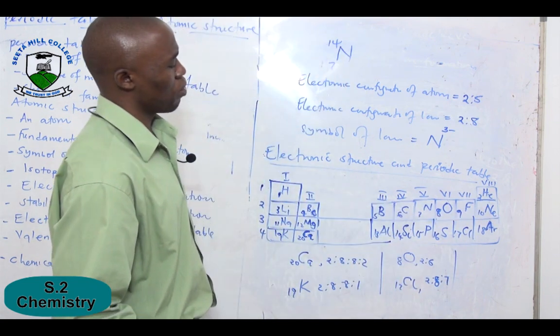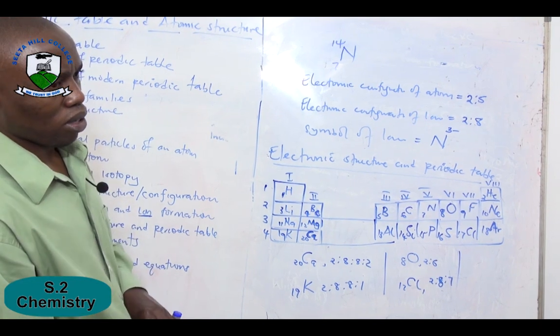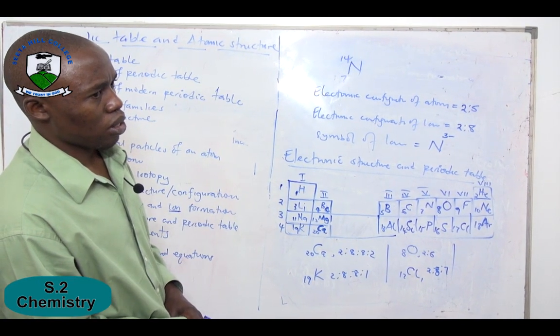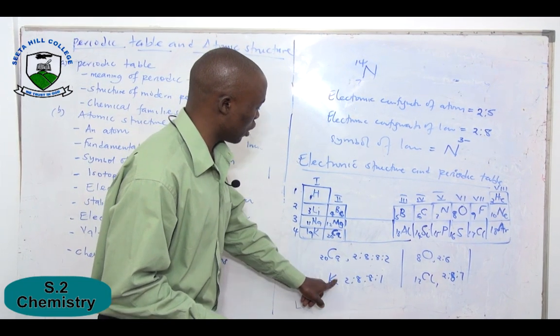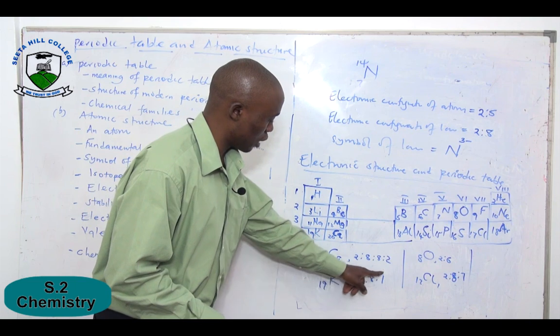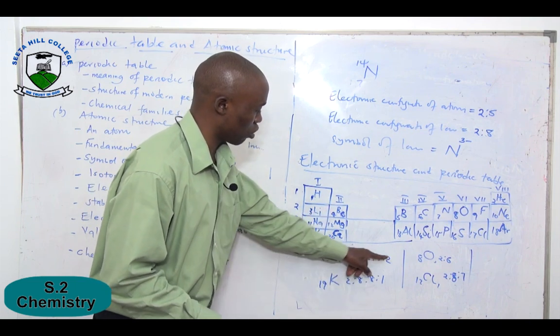What do you really see on those configurations? Do you notice how this being in group 1 is related to this, and this being in group 2 is related to this?